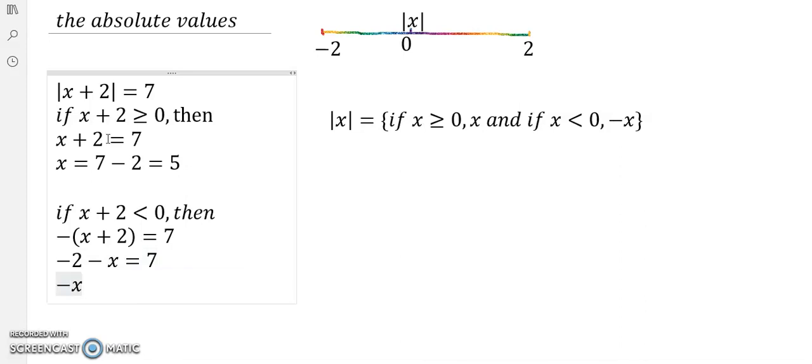Negative x equal to 7 plus 2. 7 plus 2 is 9. Then we're gonna have x equal to negative 9.